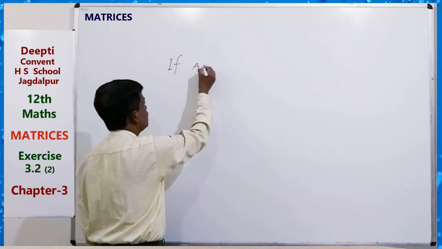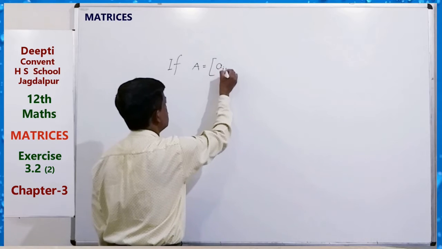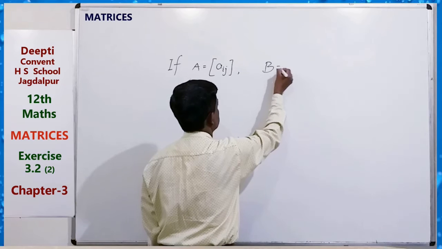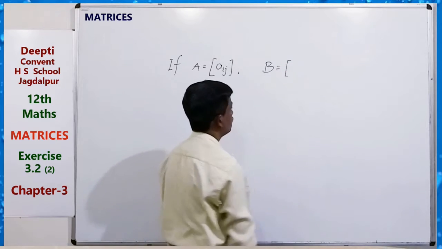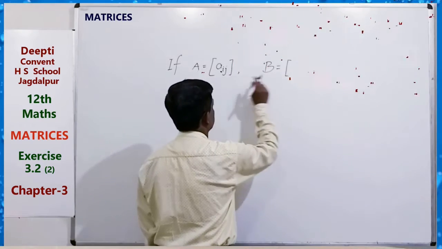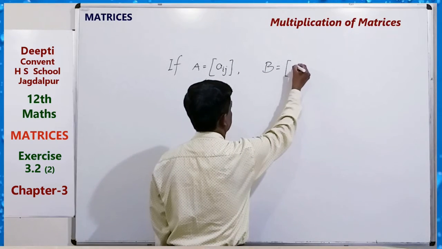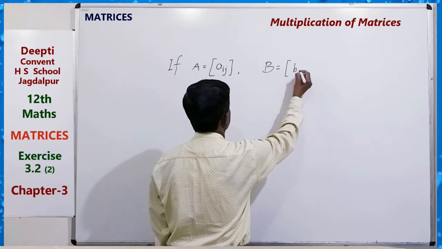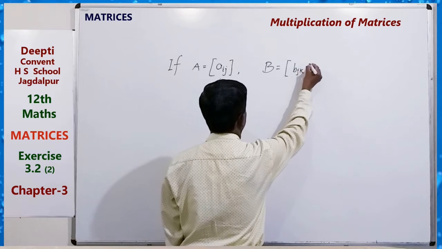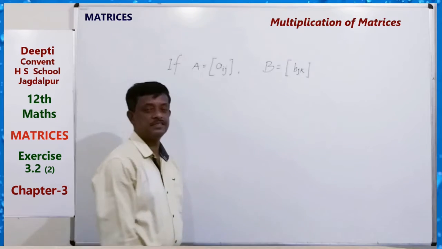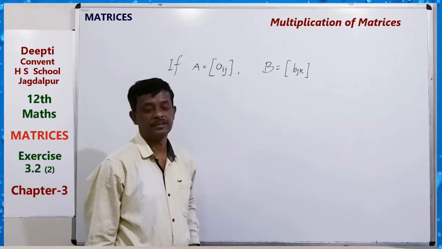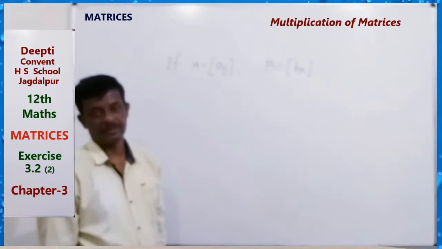suppose a matrix is Aij and another matrix is B. Here we can see that J is common in both.